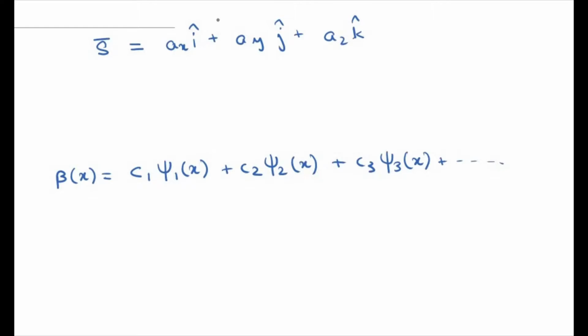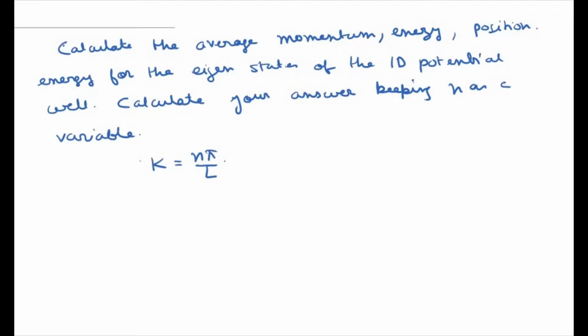In real space, the basis consists of a set of three vectors: the unit vector in the x direction, the unit vector in the y direction, and the unit vector in the z direction. But in the space of wave functions, the basis consists of all the eigenstates of the Hamiltonian. As we have seen, when we solve for the eigenstates of the Hamiltonian for a 1D potential well, we get an infinite number of eigenstates, because n can take any integer value. n can be 10,000, 15,000, 1 lakh, 1, 2, anything.